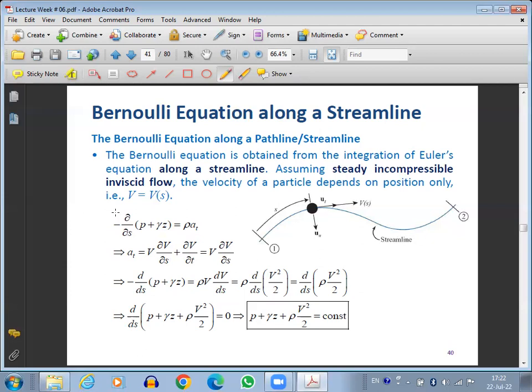So first we started with fluid statics, hydrostatic pressure variation in a fluid. The fluid is not in motion, the container is not in motion. Then we added a little complication and said, okay, now we're still saying that the fluid is not in motion, but the container in which the fluid is, that container is in motion. So we came up with Euler's equation. Now we are going to add some more complication. Now we say the fluid is actually in motion. Previously the fluid was not in motion, just the container was.